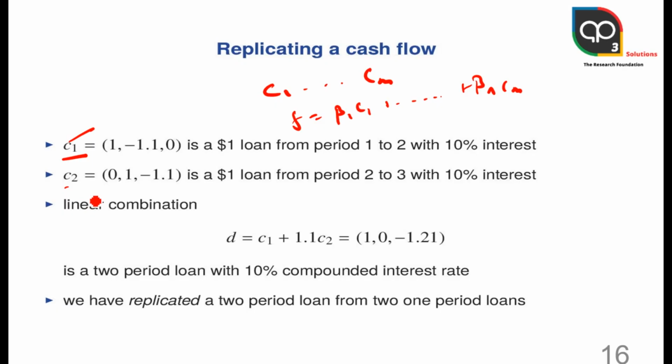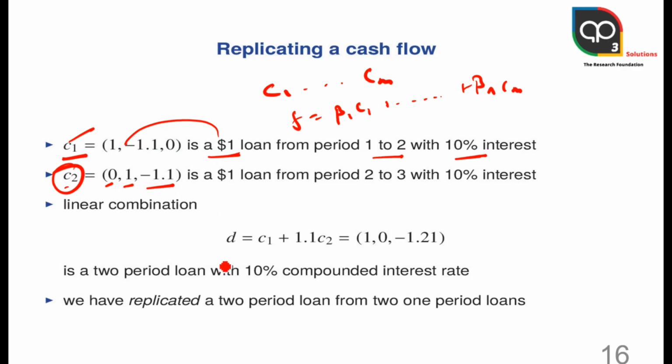And here let me just have an example. So here kindly just observe C1 equals 1 comma minus 1.1 comma 0. This represents a $1 loan from period 1 to 2, with the 10% interest. And here if we just take C2, which is equal to 0, 1, minus 1.1, it represents a $1 loan from period 2 to period 3 with the 10% interest.